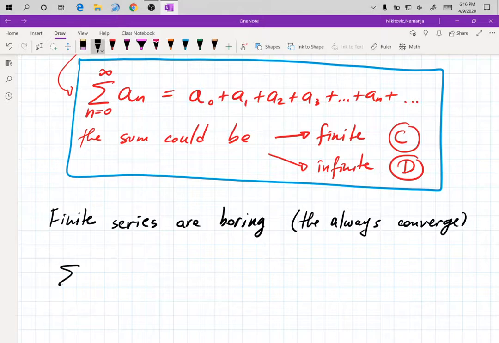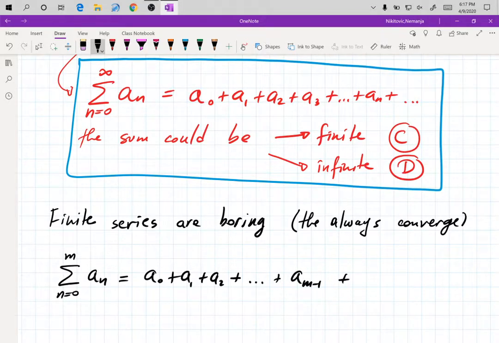So if you have a summation, n goes from 0 to m of an, then the sum is a0 plus a1 plus a2 plus dot dot dot plus am minus 1 plus am is the last term. And that's finite. See, it stops at the end. So it will converge to whatever the sum is, and we're done. So not interesting at all. However, the infinite ones could diverge.